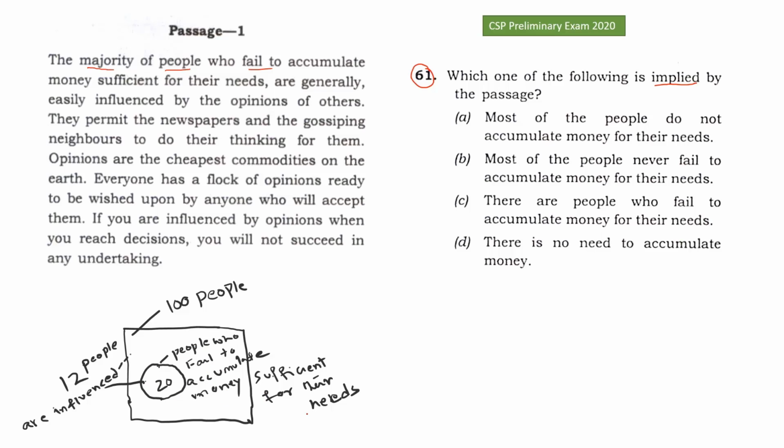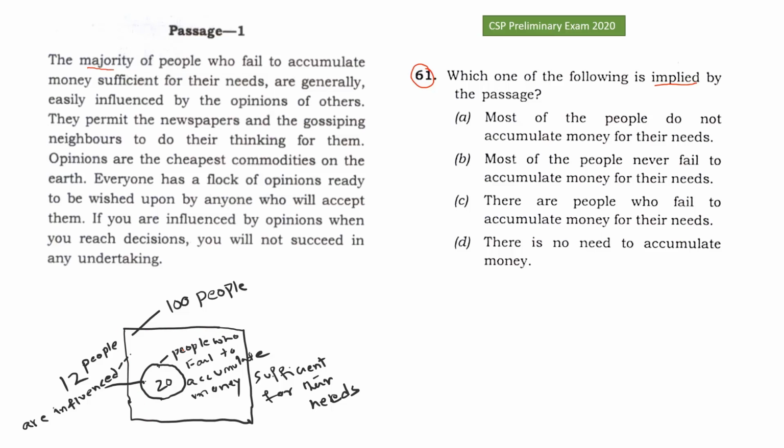It's not that all 100 people. The passage doesn't mean that everybody fails to accumulate money. It talks about people who fail to. So people who fail to accumulate money, this circle is a subset of the superset, that is 100 people.